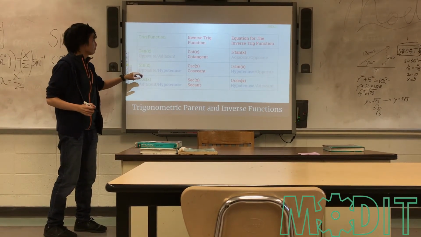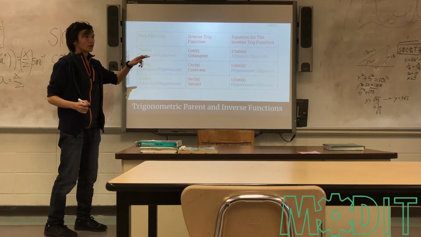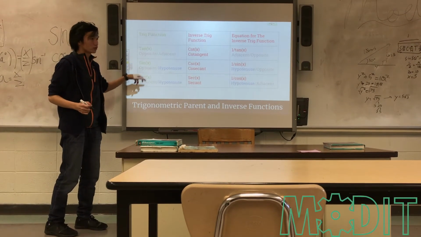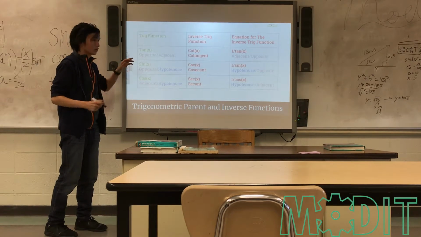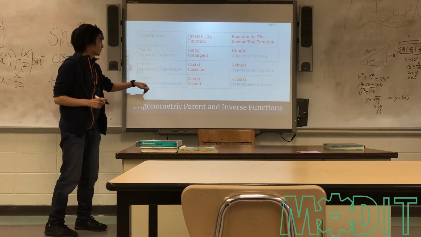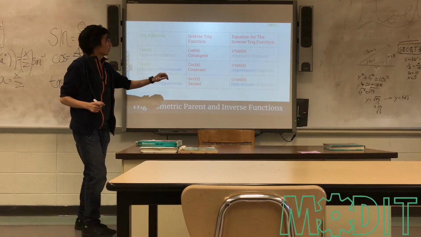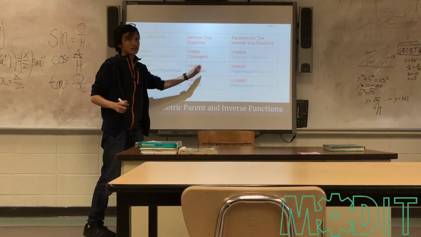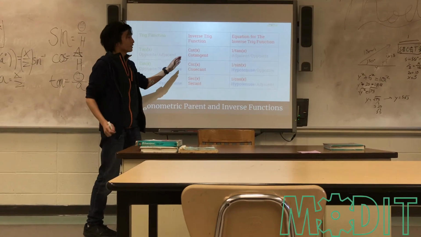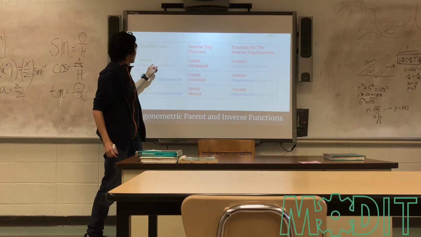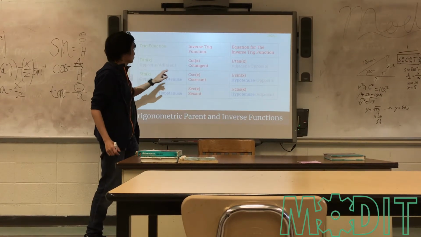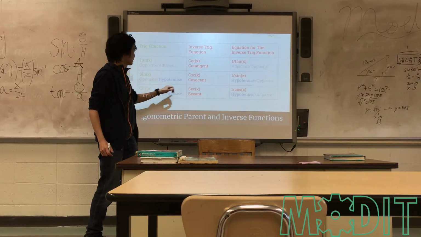For sine, it'd be 1 over sine, or hypotenuse over opposite. Or 1 over cosine would be the hypotenuse over adjacent. And this is just a translation of what they would be named for the inverse. So tan would be cotangent, sine would be cosecant, and cosine would be secant.